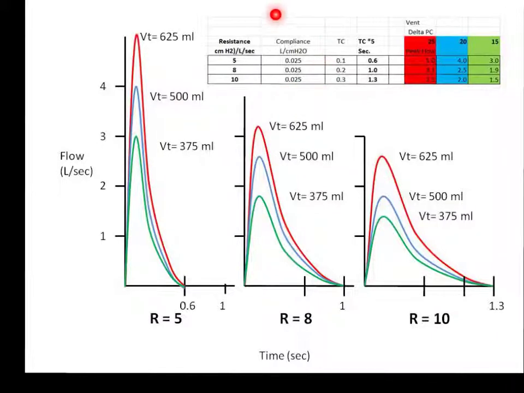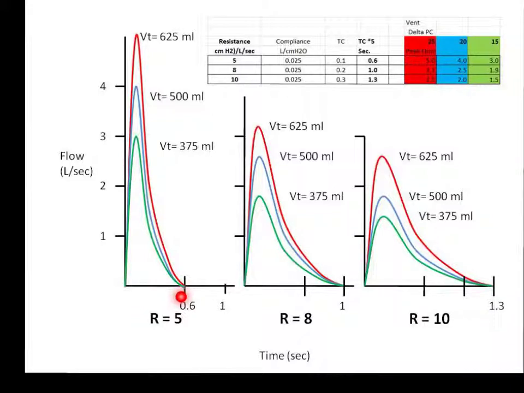So compliance is our constant here. And you can see it changes our time constant, and here's our time constant times 5. All right? So changes in resistance does affect our peak inspiratory flow. All right? It changes our flow rate, and it changes our TI dynamic. All right? Changes in our ventilator pressures, the difference between the red, blue, and the green here, the changes in our pressure control level affect the peak inspiratory flow, not our TI dynamic.